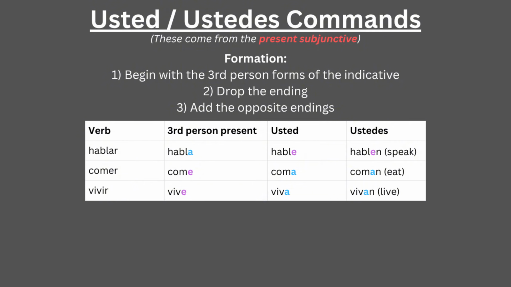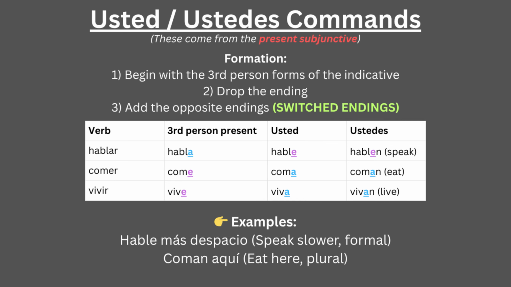Coma, coman. Viva, vivan. The endings for usted are basically inverted, using e for ar verbs and a for er and ir verbs, so they're the opposite. We say such commands when speaking to formal people, like hable más despacio, coman aquí.